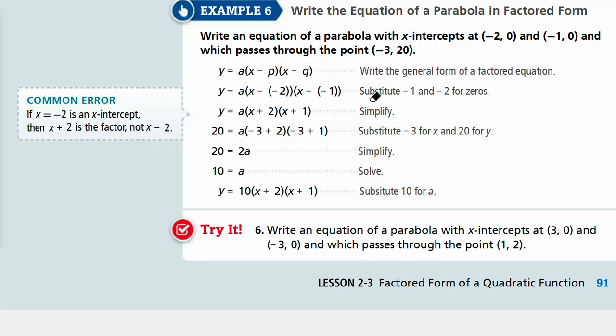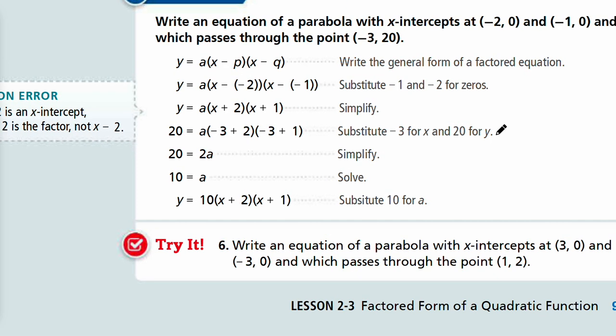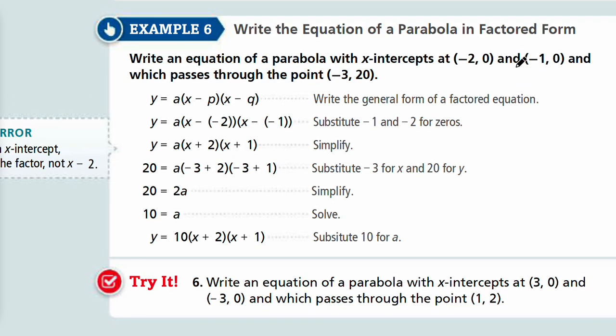The general form of a factored equation will be perfect for this given information. First of all, we know that 2 of the points given are zeros of the function. Wait, no, these are x-intercepts, yes, so these are going to be zeros of the function.